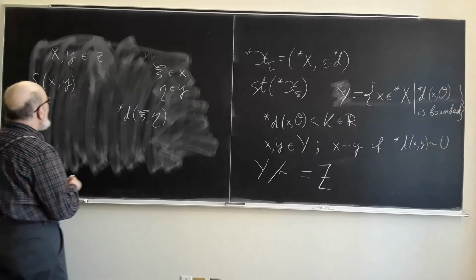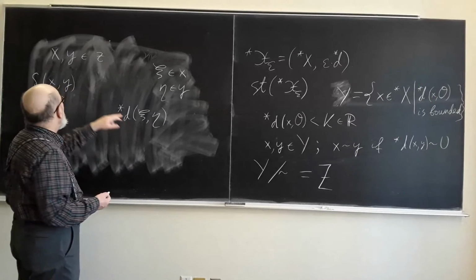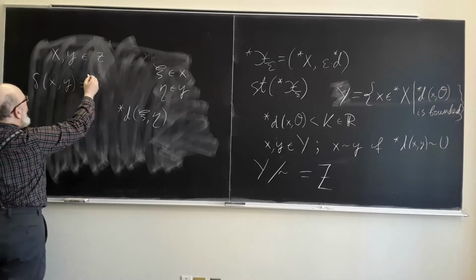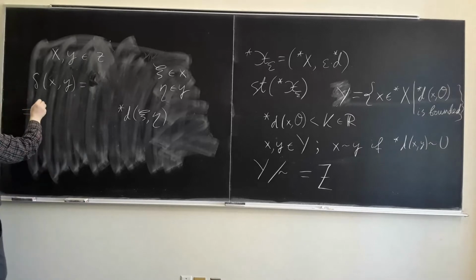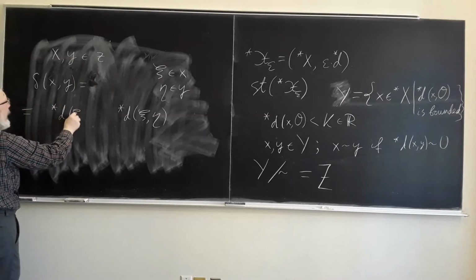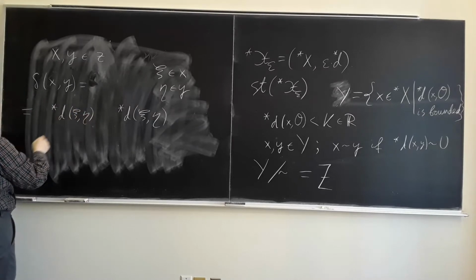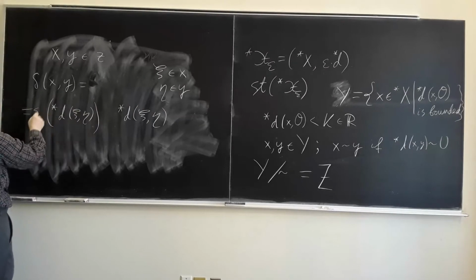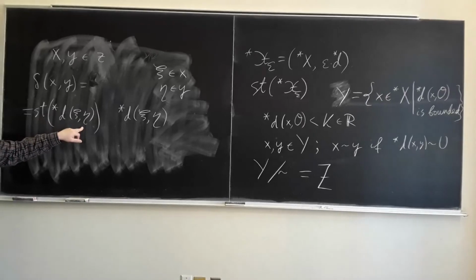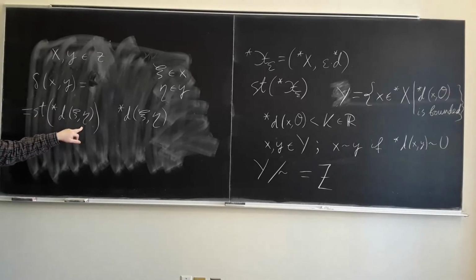This means that the distance of xi and eta, if you take the standard part of this, does not change. This non-standard distance will change by an infinitesimal.